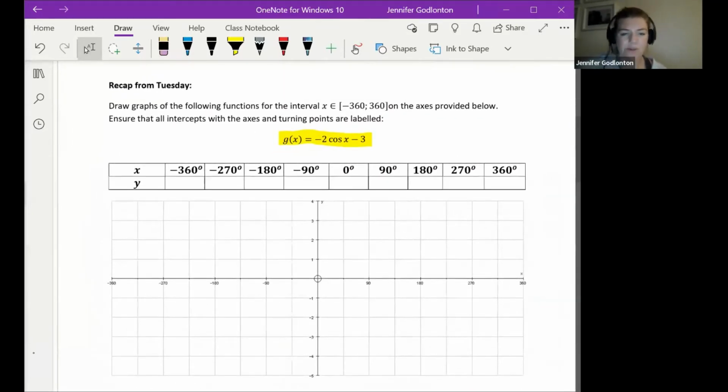So I'm wanting you to draw this graph for me. Please draw them on your sides.